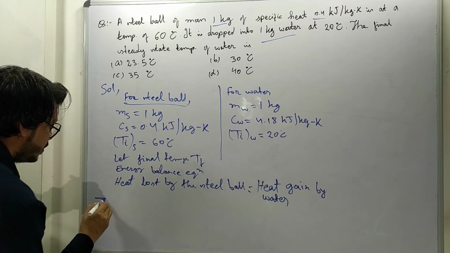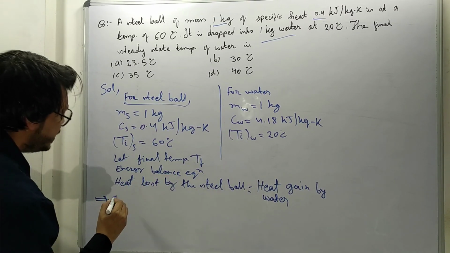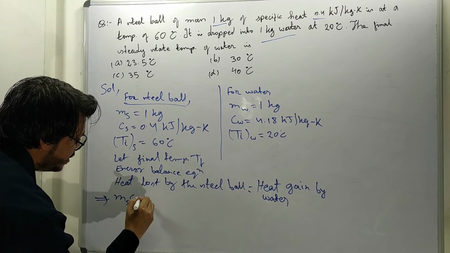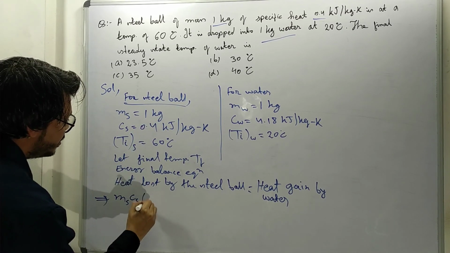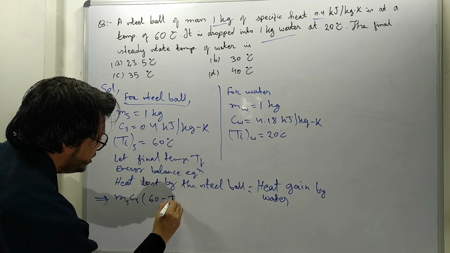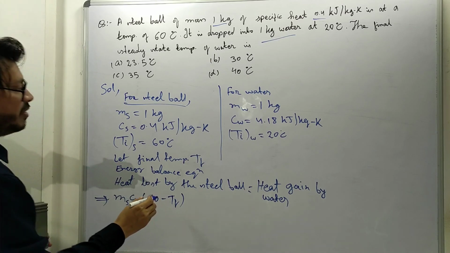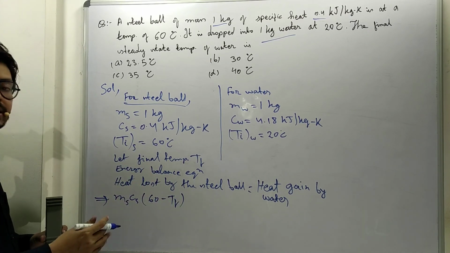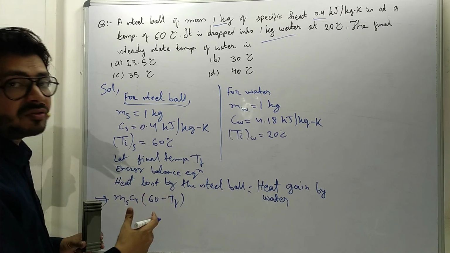Now heat loss by steel ball is mc delta T, that is ms cs and delta T, that is 60 minus TF, because the final temperature of steel ball will be less compared to the initial temperature, because the heat is lost from the steel ball.